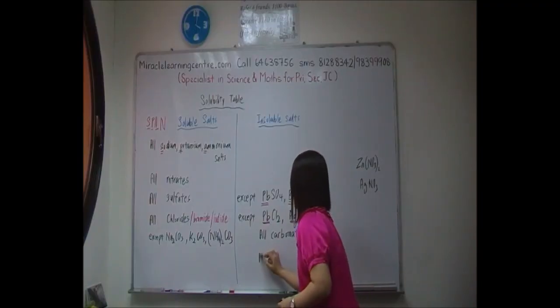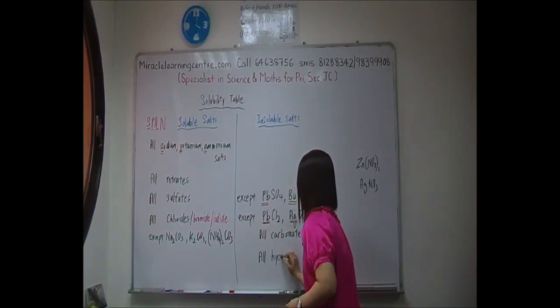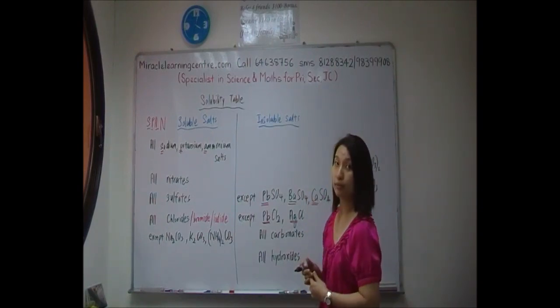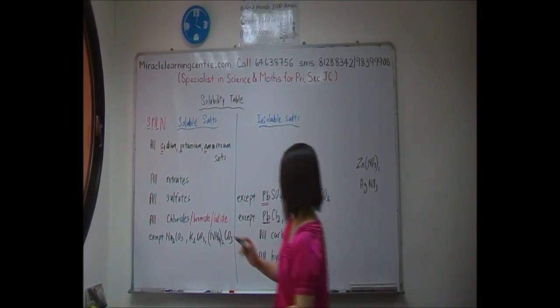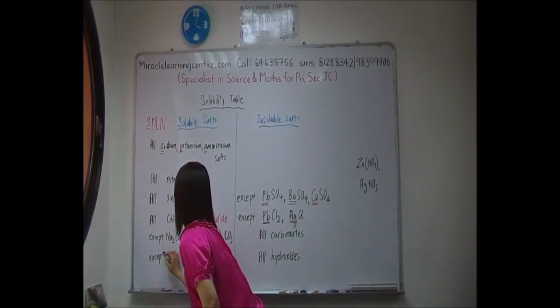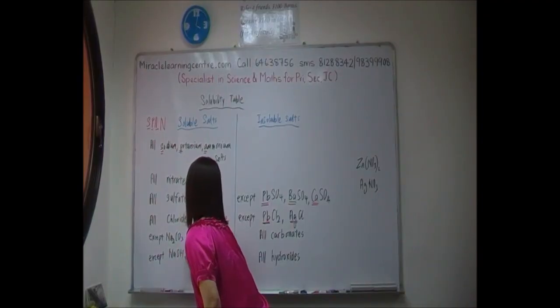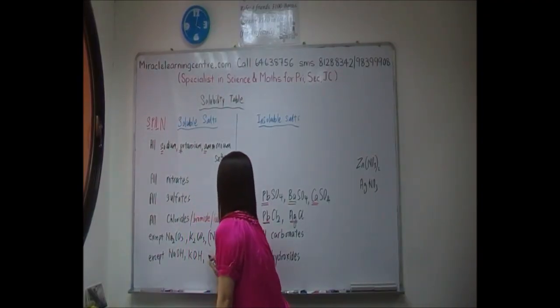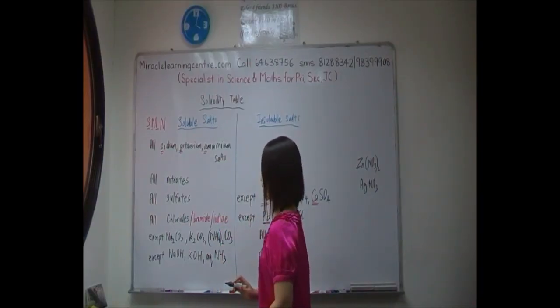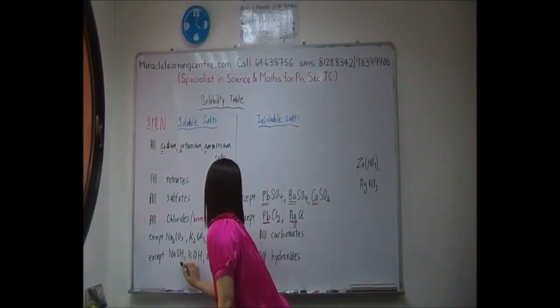And the last category, all hydroxides are insoluble except for these 3: sodium hydroxide, potassium hydroxide, and aqueous ammonium. However, we have calcium hydroxide, magnesium hydroxide, and group 2 hydroxides.